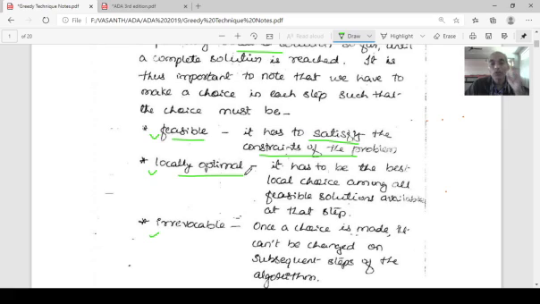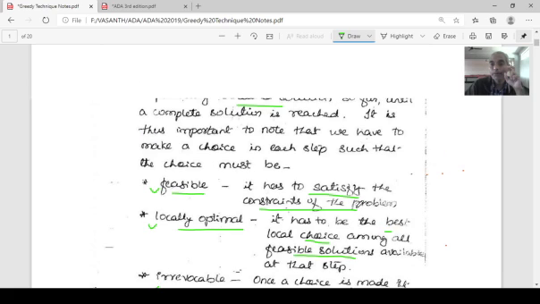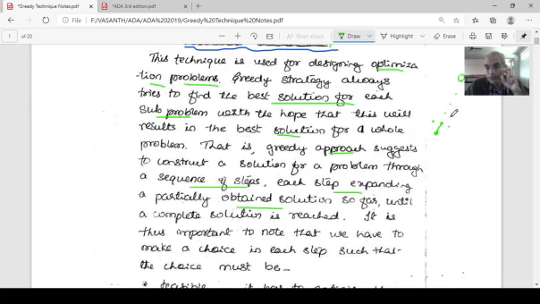Locally optimal means what? Understand it carefully. Locally optimal means it has the best local choice among all the feasible solutions. If you look here, from this point to reach your goal you are going in some direction, and in front of you, you get 3 feasible solutions.